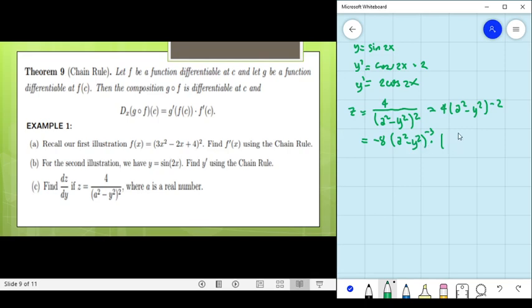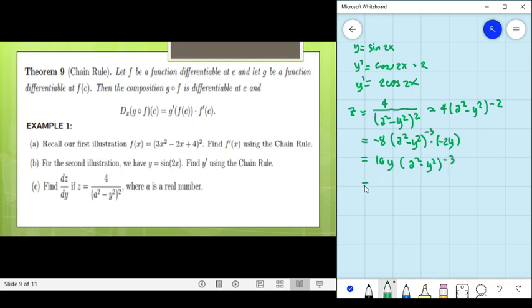The derivative of that: a is a real number, so the derivative of a squared is 0. The derivative of negative y squared is negative 2y. So simplifying, negative 8 times negative 2y is 16y quantity a squared minus y squared to the negative 3.